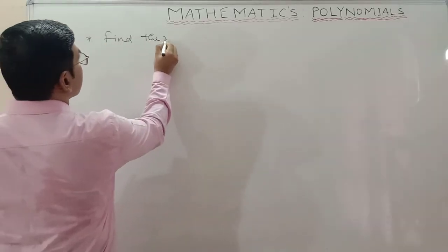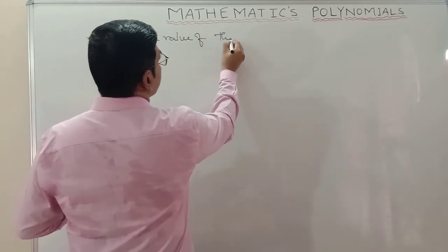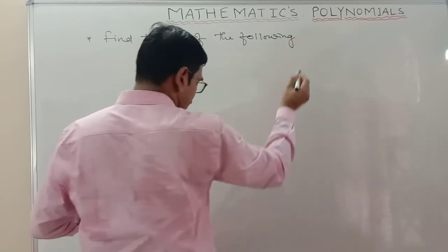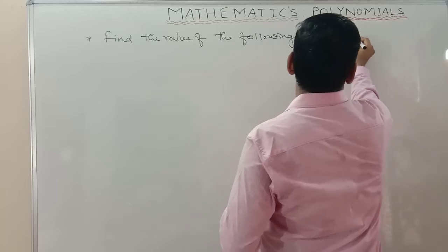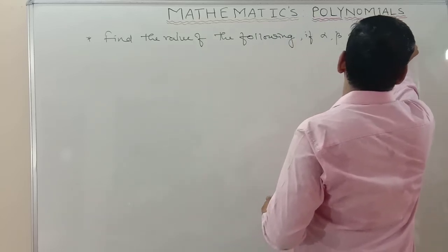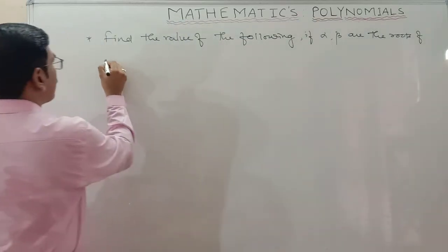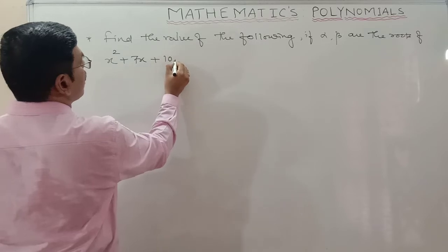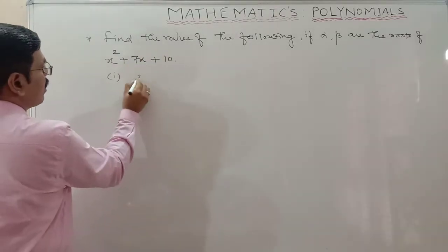Find the value of the following. If alpha, beta are the roots of x square plus 7x plus 10, what are the following?